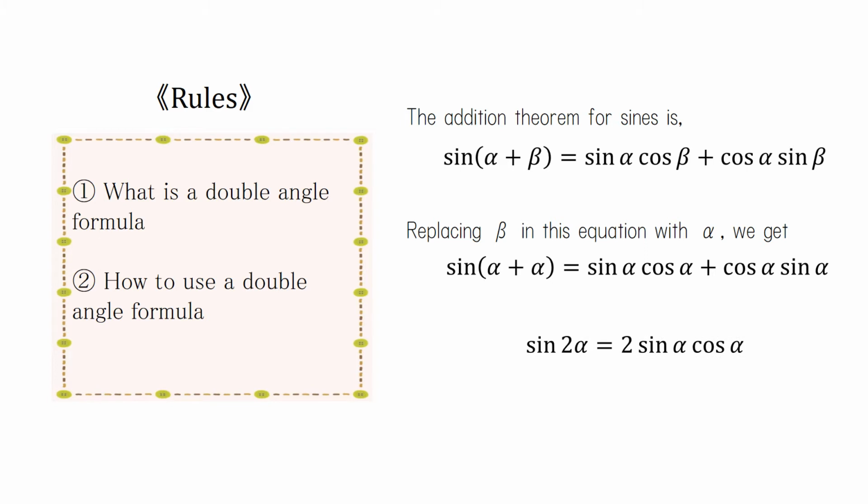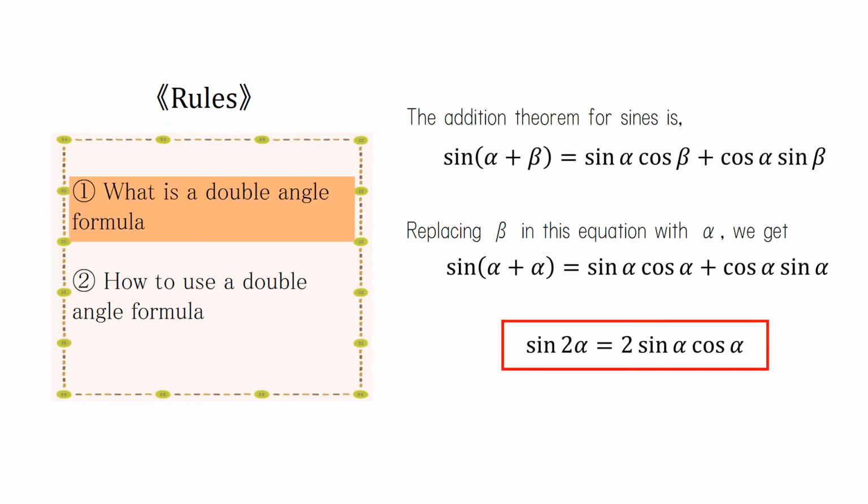Sin 2α equals 2 times sin alpha cosine alpha. This is the double angle formula for sine.